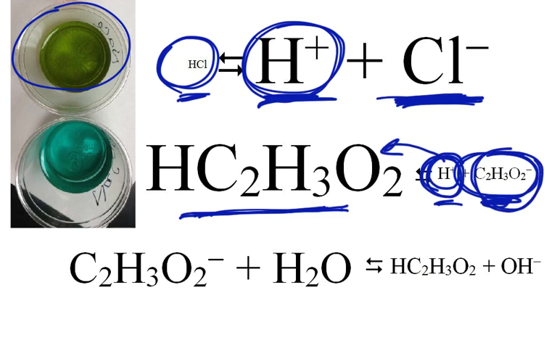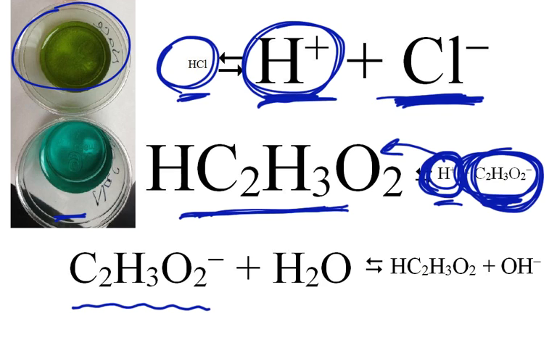So if acetates are in a salt solution, they will change the pH by grabbing onto these H pluses. Now we have another reaction right here to show that. So here's our acetate ion. Now this is probably a solution of sodium acetate, like we have in our cup here, or potassium acetate, just some soluble acetate salt.